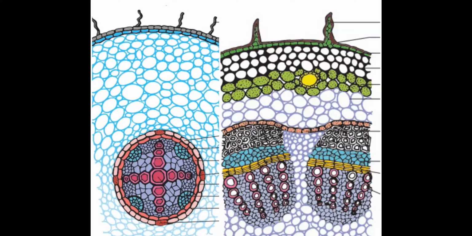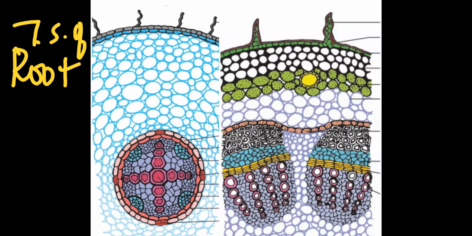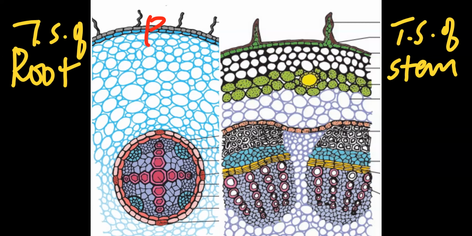This is the section of a root. And this is the TS, transverse section, of a stem. This is the periphery of these organs, and these are the centers of these organs, central regions.